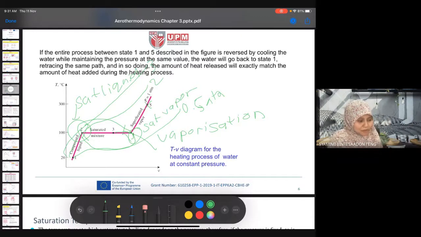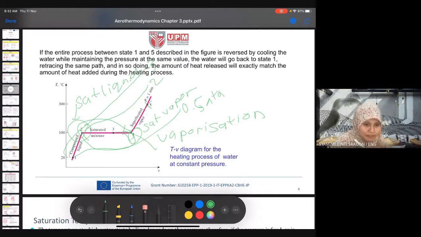In the ideal case, we assume that the process of vaporization and the opposite process, condensation, occur at constant pressure and constant temperature. But in reality, it's not exactly constant like that.